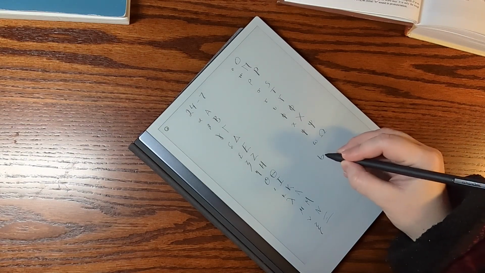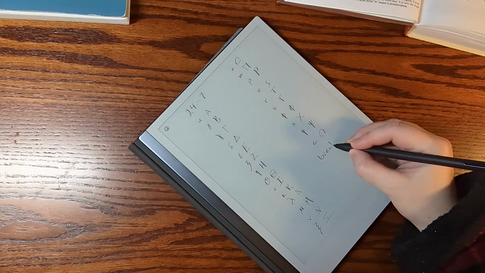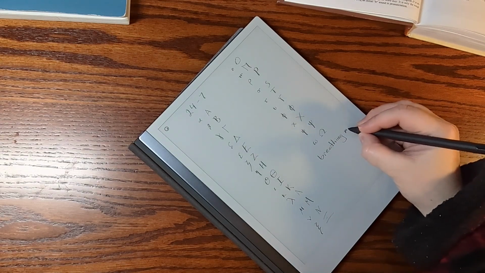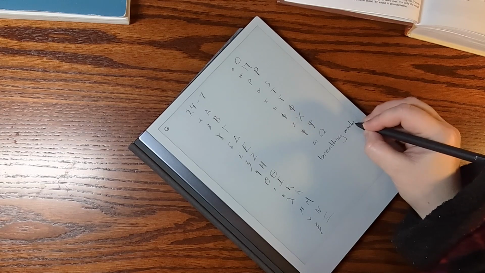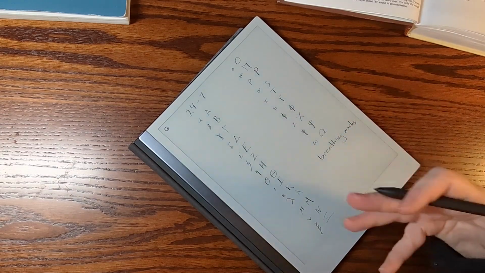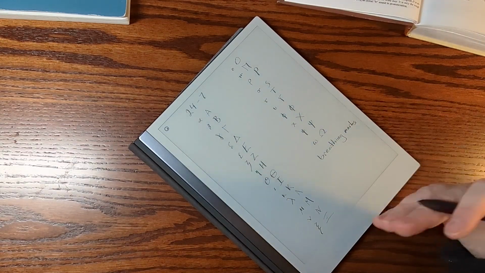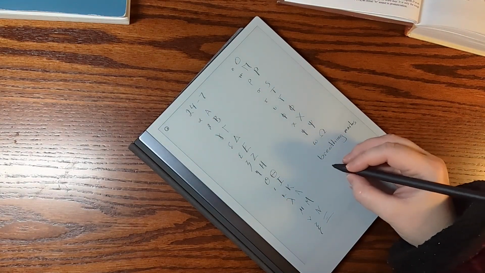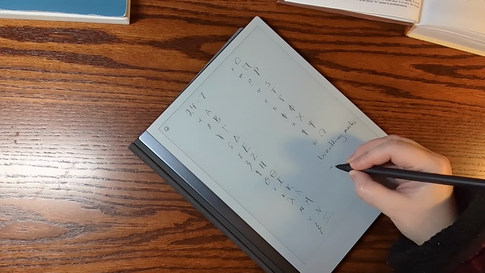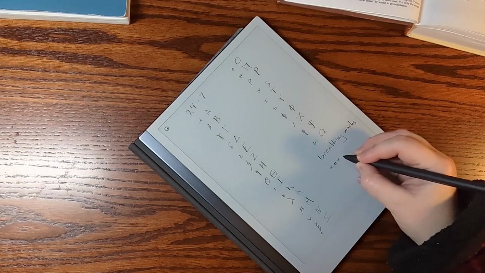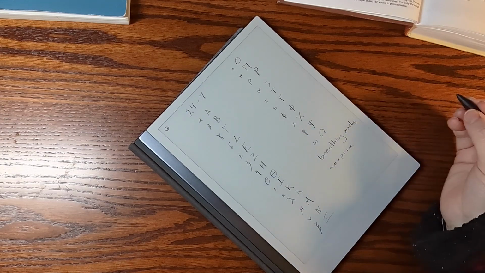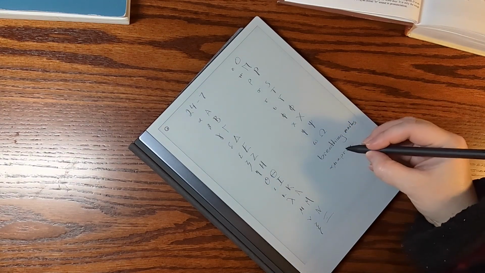So I'm just going to write that here. Breathing marks. Now, I am not sure about the history of everything here. I'm just telling you what I know so I can remember everything. If we have a word like this, I'm not going to tell you how to pronounce it yet. We're going to have an accent mark here.